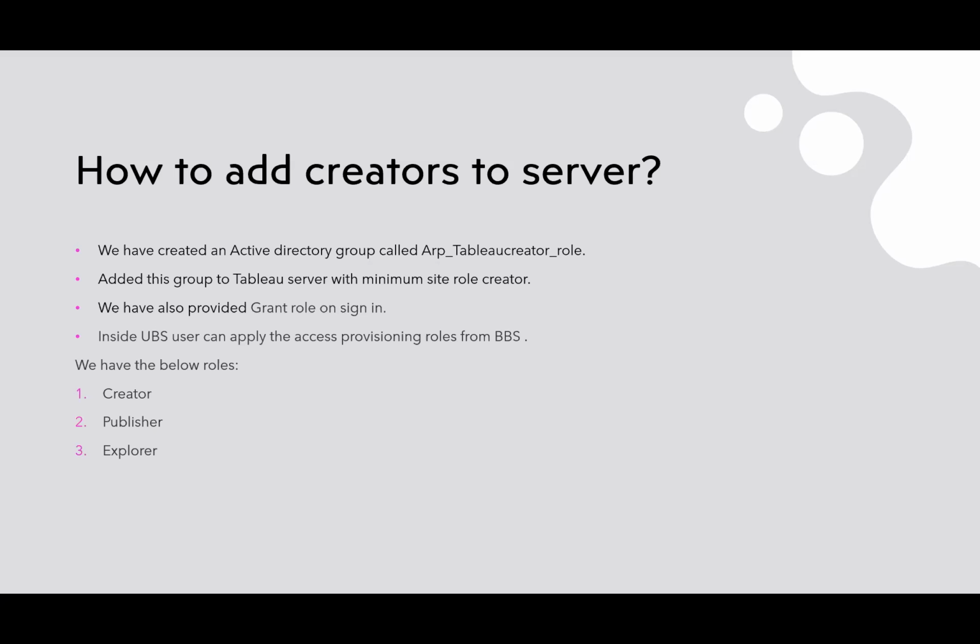So we are making sure that every user who needs a particular creator role, publisher role or explorer role goes through the access provisioning site and requests it. Once they request that role, they will be added to that group, so that we are creating reports to show who the users are, when they requested the license, when they opted out, when they have reharvested it, and when they have transferred the license. In order to tackle all those requirements, we are using an Active Directory group.